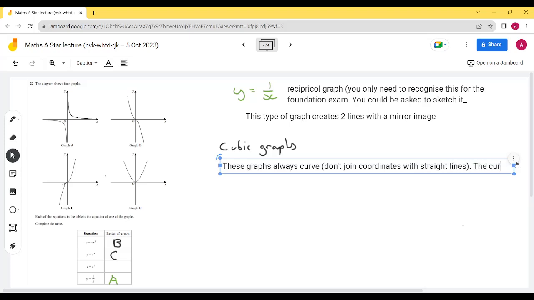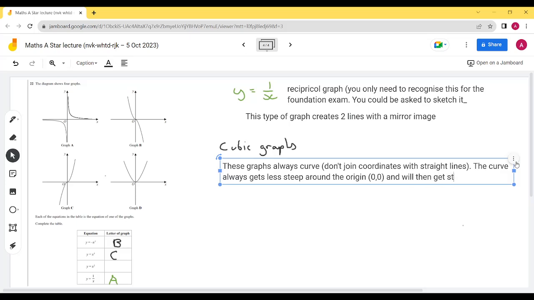The curve always gets less steep around the origin. And what it means by the origin, a term you might come across with graphs, is just 0, 0, the midpoint of a graph, and it will then get steeper again.